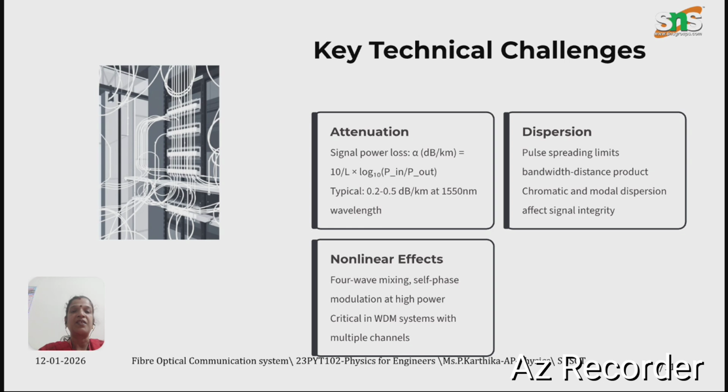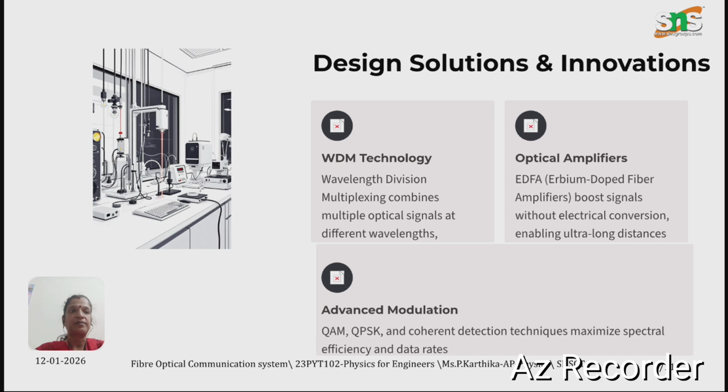Then dispersion, where pulse spreading limits the bandwidth-distance product, with chromatic and modal dispersion affecting signal integrity. Non-linear effects are four-wave mixing and self-phase modulation at high power, critical in WDM systems with multiple channels.